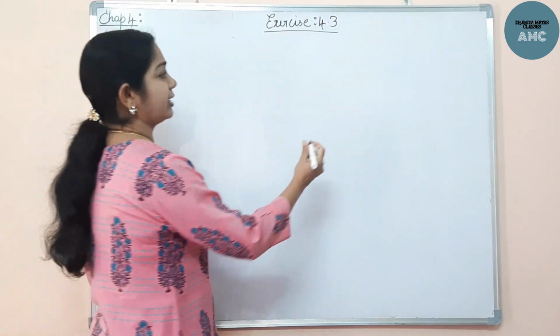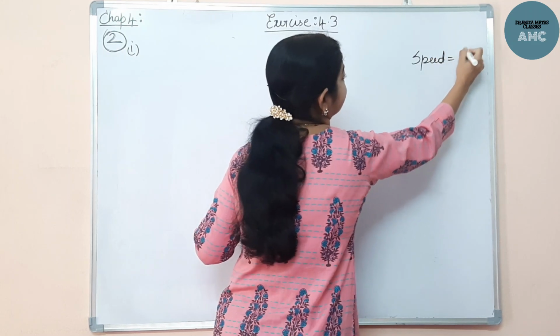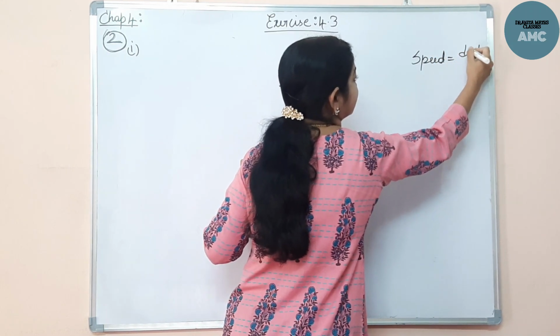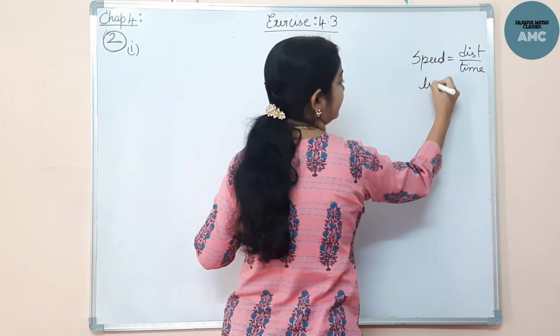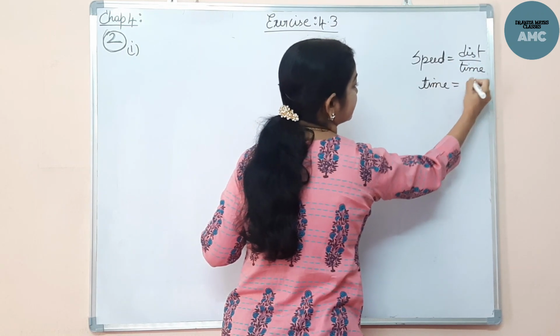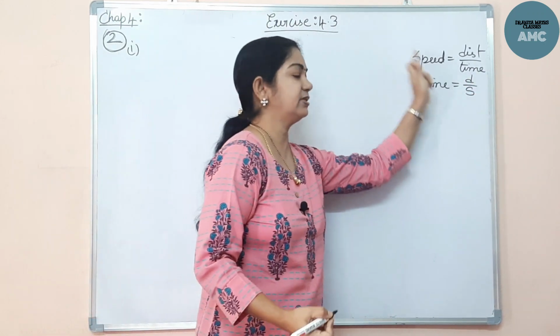Now, we also know that speed is distance by time, isn't it? And if you interchange here, time is distance by speed, isn't it? Distance by speed, right? Just interchanging time and distance.